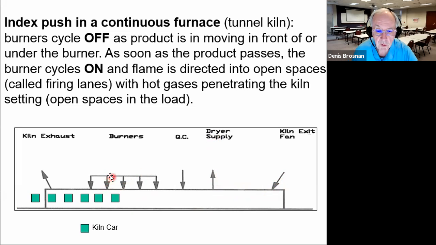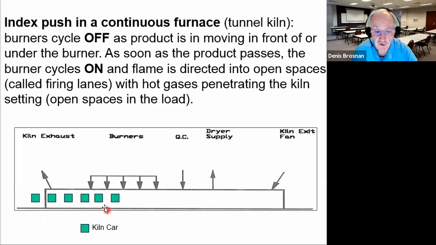Nevertheless, we have burners placed at different locations and discrete kiln cars. So what happens in an index push is the burners come on and fire between the kiln cars. They don't fire directly onto the product that's stacked on the kiln cars, and fire between the units of production, the units of ware, to create heat.